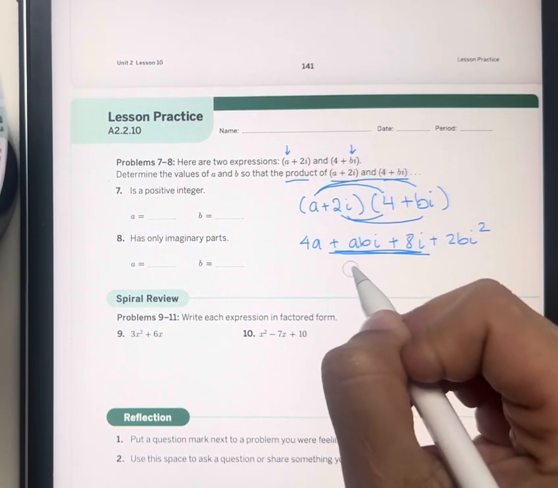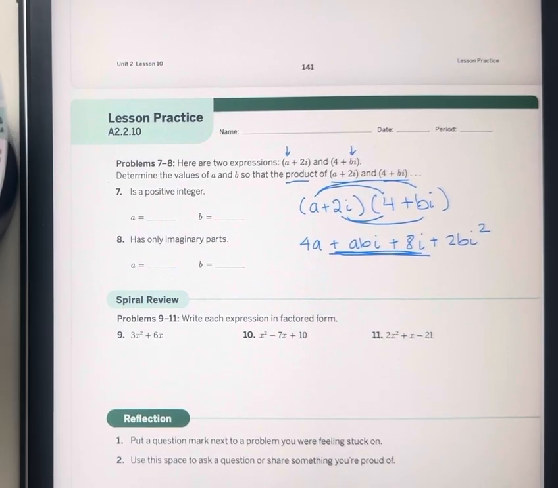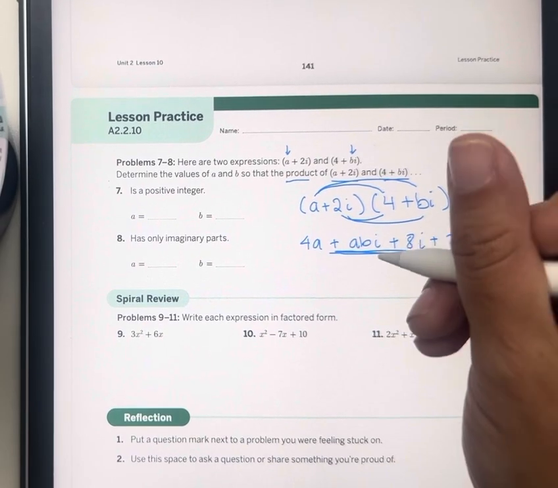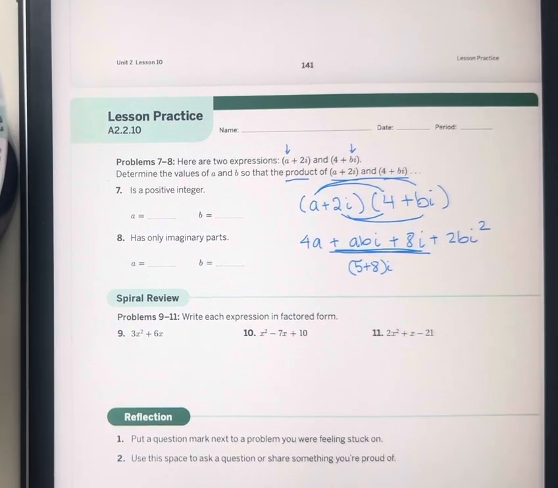Okay, here we go. You guys, when you look at this, I know it looks confusing, but you know that a and b represent just numbers, right? So think of ab as a number. And if it's a number, let's say it's like 5. If you had 5i plus 8i, it would be 5 plus 8 i, wouldn't it? You would add the 5 and the 8 and then put the i. Well, it's not 5. It's ab.